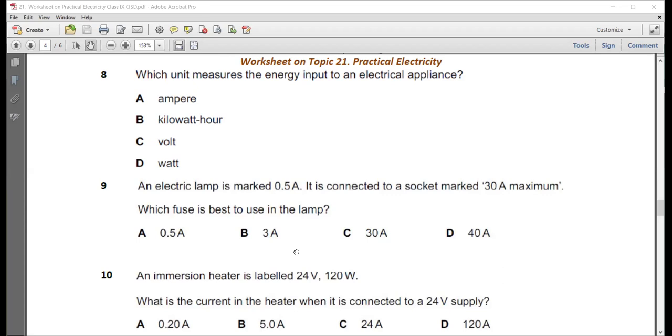Clear to you? Yes, sir. Here, if 3 ampere was not given and only 1 ampere was given, it could also be accepted. And if it is 2 ampere, it can also be accepted, but it should be slightly greater than the rating given on the appliance.